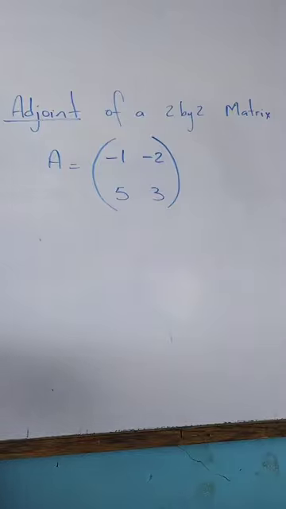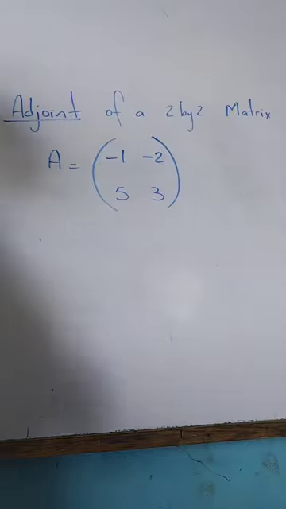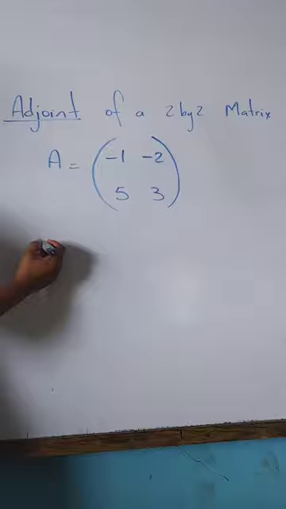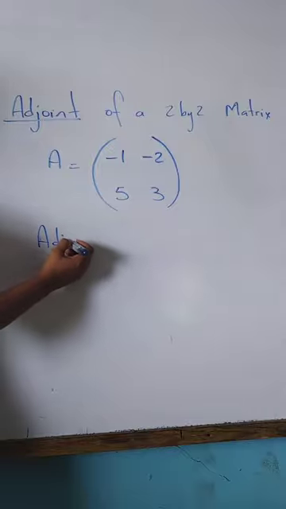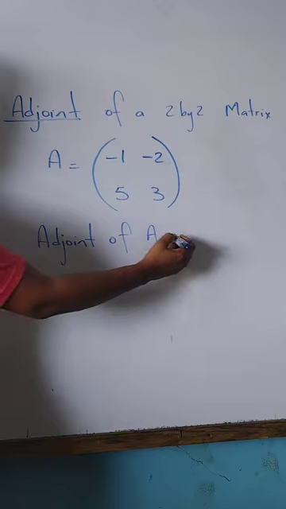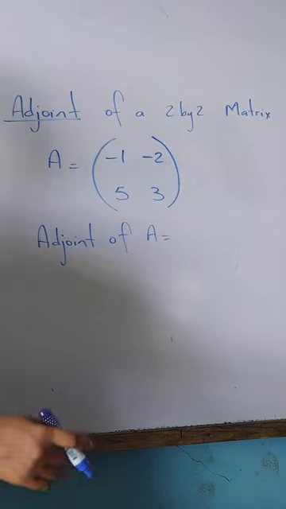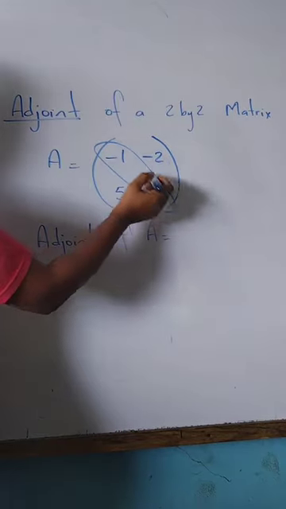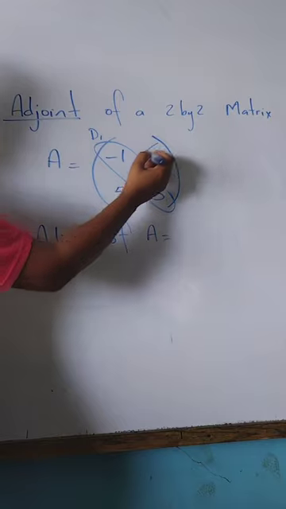The adjoint is not a calculation, but more so a rearrangement of the elements in this matrix here. So I have the original matrix A, and I want to know what's the adjoint of A. I'm going to do some rearrangement. Rearrangement of what? The adjoint has to do with the diagonals, just like the determinant has to do with the diagonals.